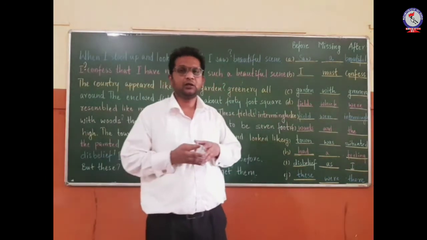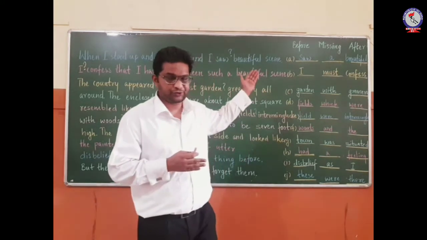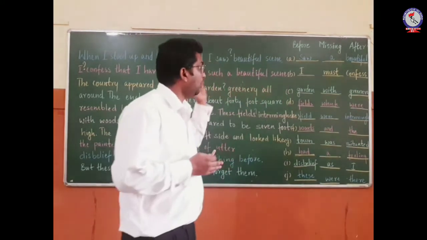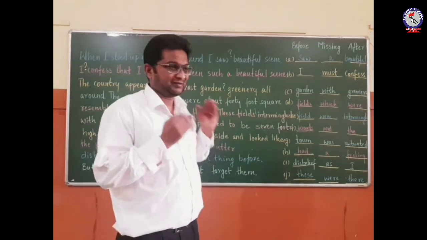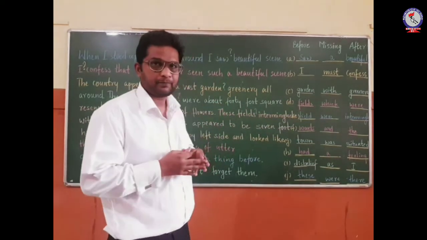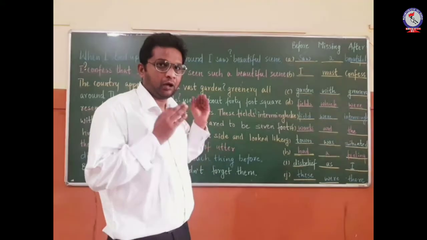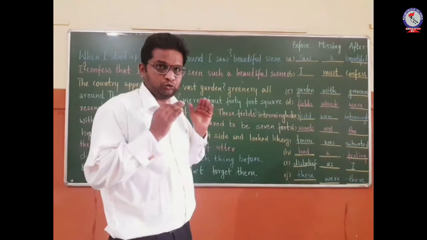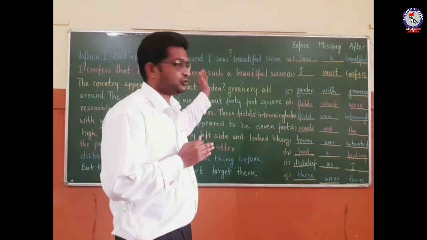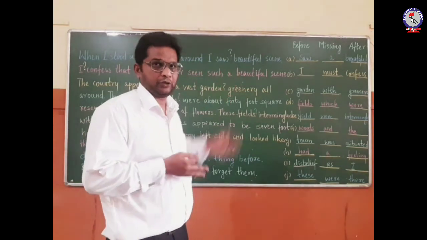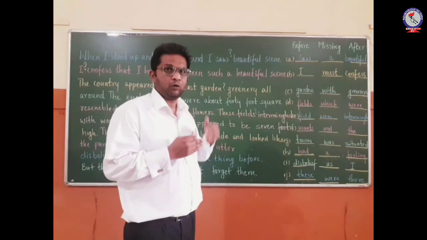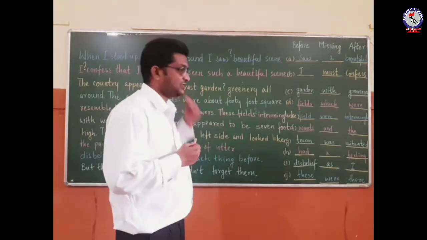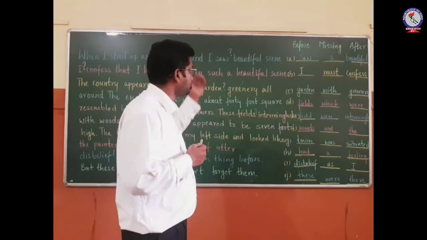Let's see an exercise of omission that will help you understand and comprehend more how to do the exercise in omission, how to find out the missing word in a sentence or in each line.